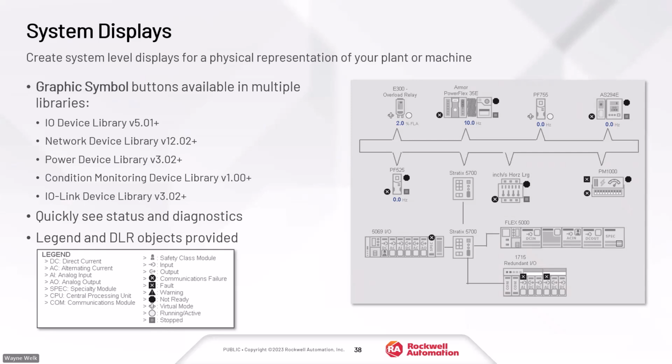These are standard faceplates and standard graphics that are used throughout all of Rockwell's faceplates, devices, and displays, and they give you quick information. Without even going into the detail of the faceplate, you can see whether something's faulted, or you have a comms failure, or if you're stopped, etc. That's part of the standard ISA 101 graphics format that Rockwell follows. So go ahead and go to the next slide.